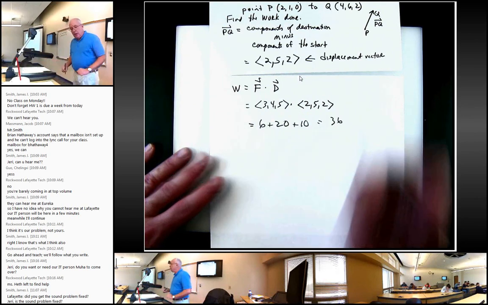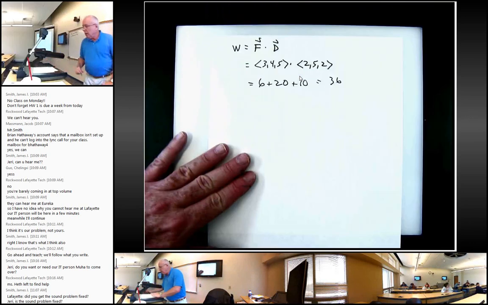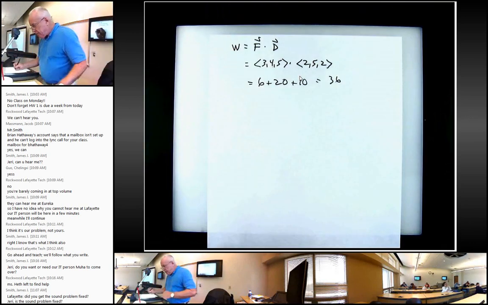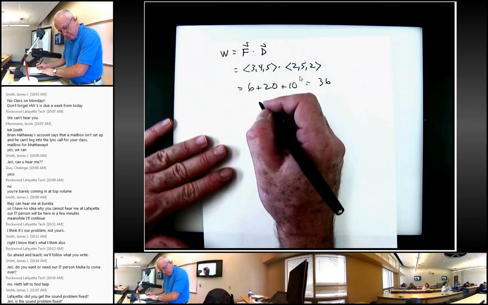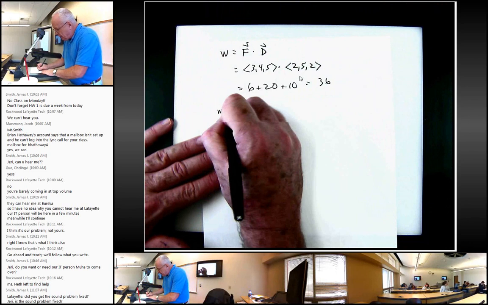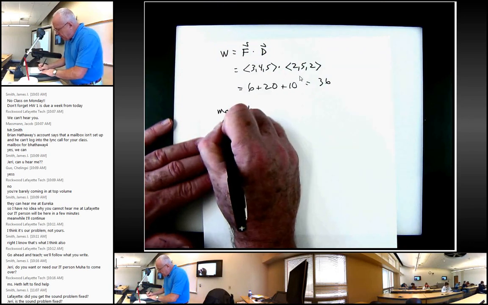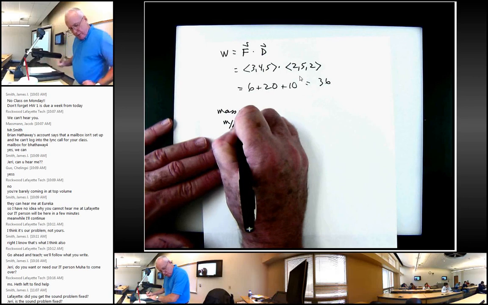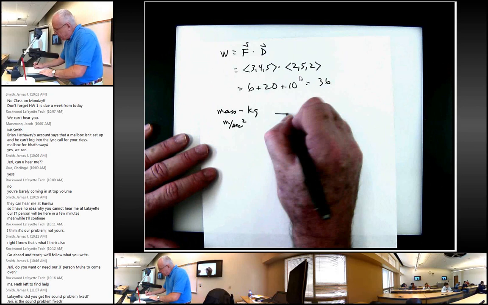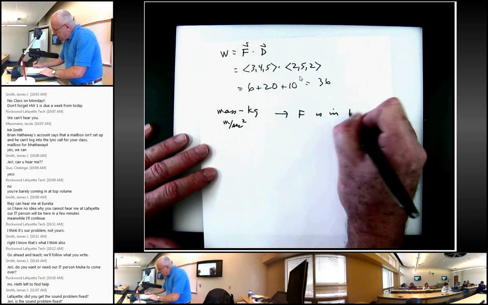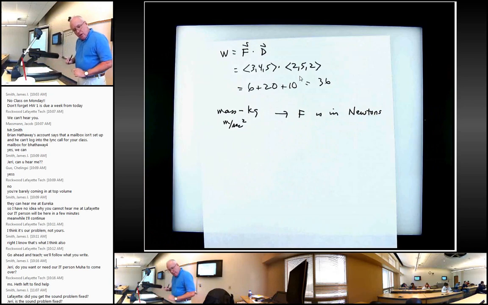All right? And then with force, if the mass is in kilograms, and we're talking about meters per second squared, so the length is in meters, then the force is in newtons.